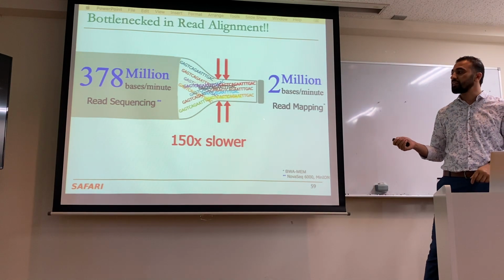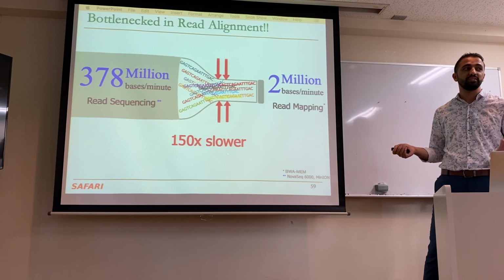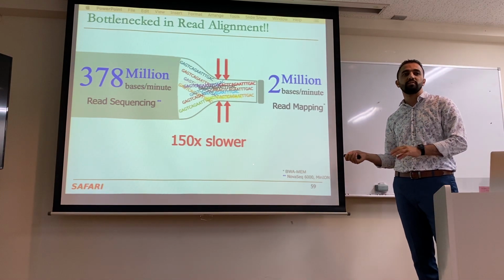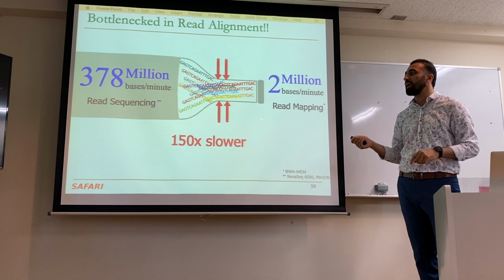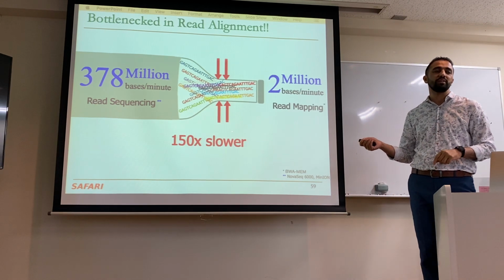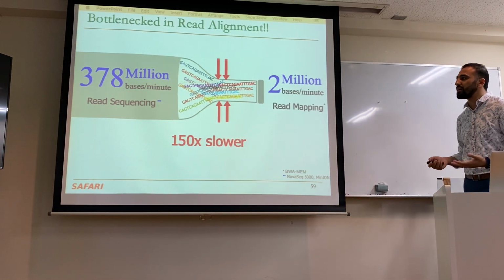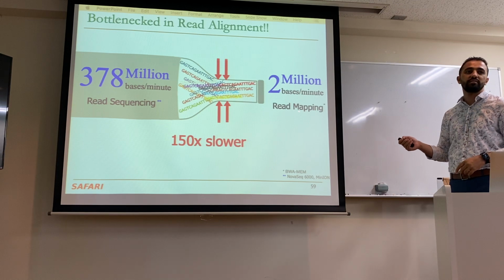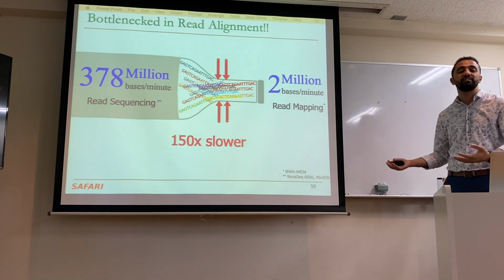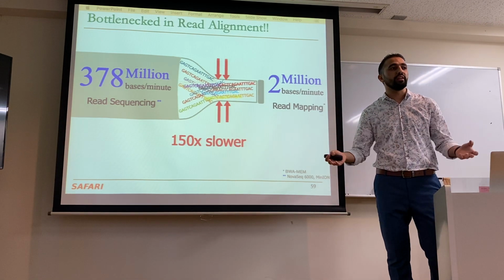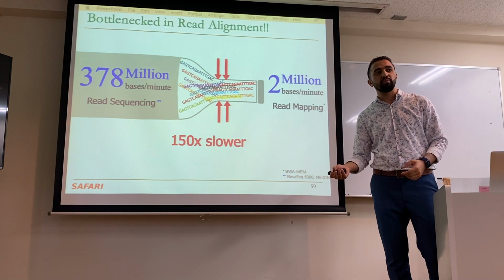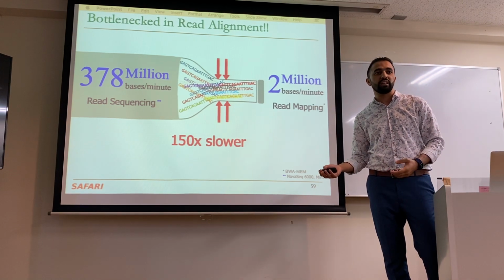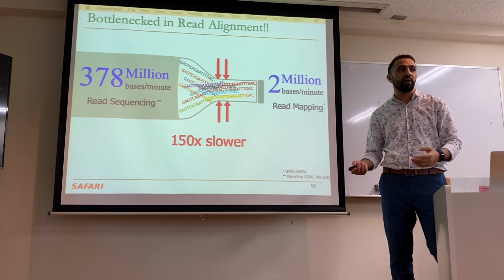So you can see the execution time bottleneck here. We have at least 150x slowness between the read mapping algorithm and the sequencing machine. So we need to do something to accelerate this step, which is the initial step, by the way, to almost all of these applications that we use in wet lab or for bioinformatics.